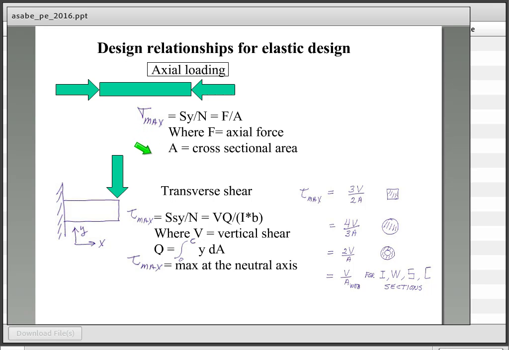In the case of transverse shear, we might have a case like a beam, maybe a cantilever beam, for example, where we're interested in what the shear stress is. And I've simply listed here where V is the vertical shear, which essentially would be the load on the part, for various shapes of parts. You can calculate the maximum shear stress on such a part.